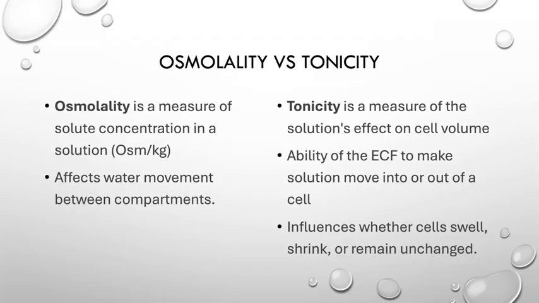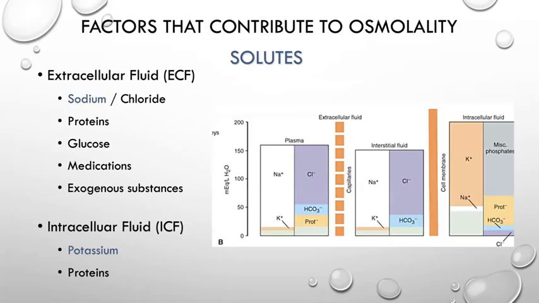The extracellular fluid concentration of effective osmoles, mainly sodium, determines its tonicity, which directly affects the distribution of water between extracellular fluid and intracellular fluid. In extracellular fluid, sodium, chloride, proteins, glucose, and medications contribute to osmolality. In the intracellular fluid, potassium and proteins are the key solutes.